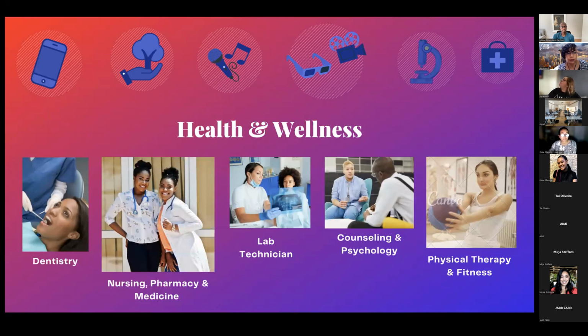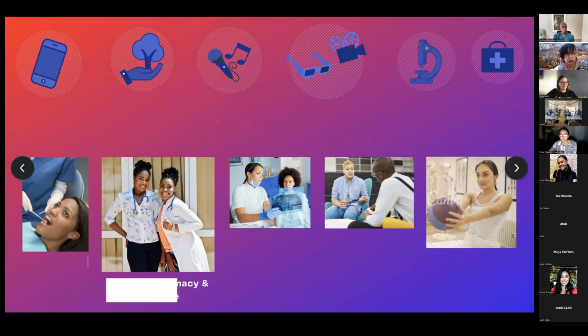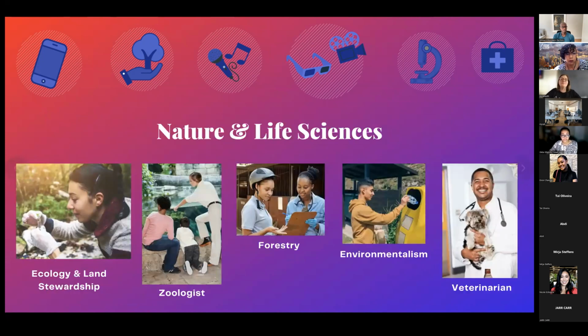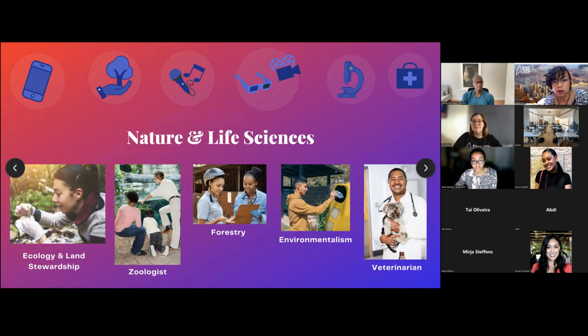Now, here are some science-based careers related to health and wellness: dentistry, nursing, pharmacy, and medicine, lab technician, counseling and psychology, physical therapy, fitness. Other science pathways include the nature and life sciences: ecology and land stewardship, zoologist, forestry, environmentalism, veterinarian.